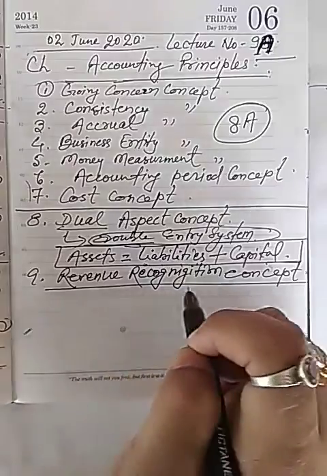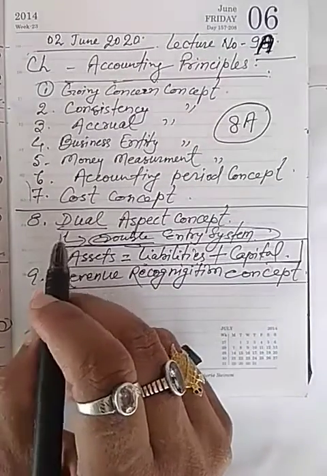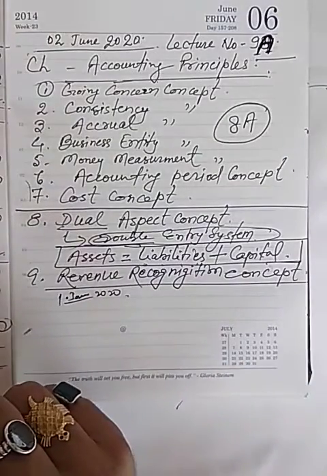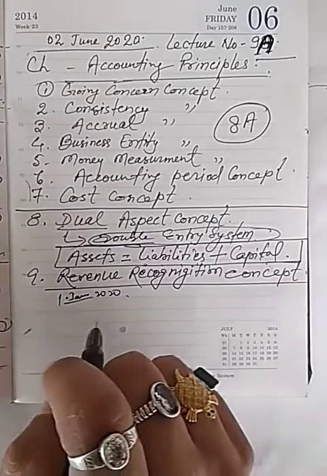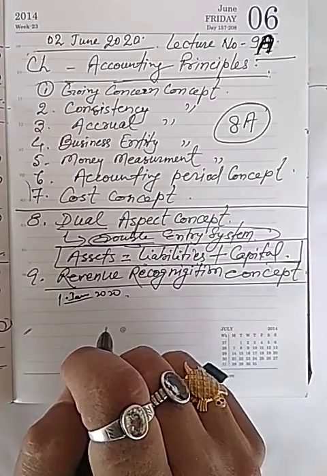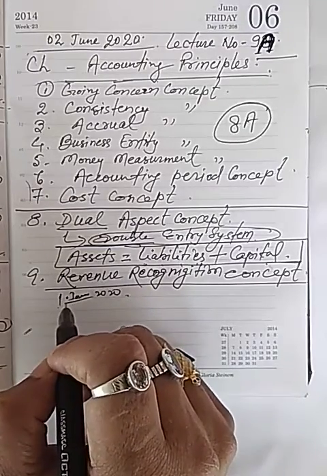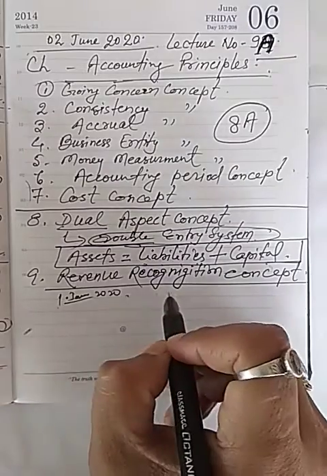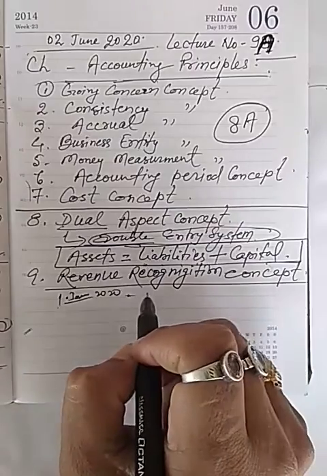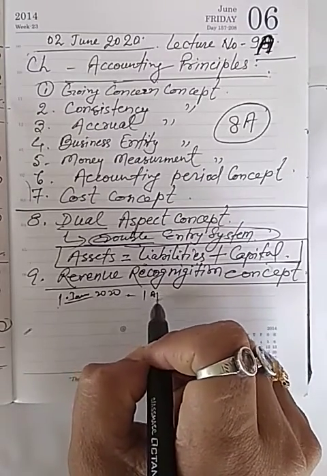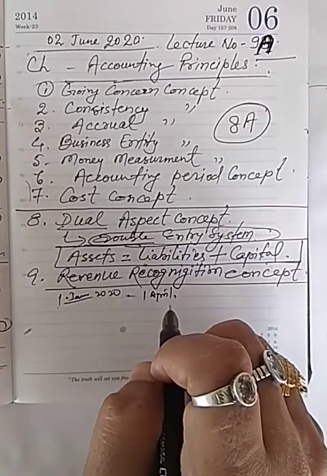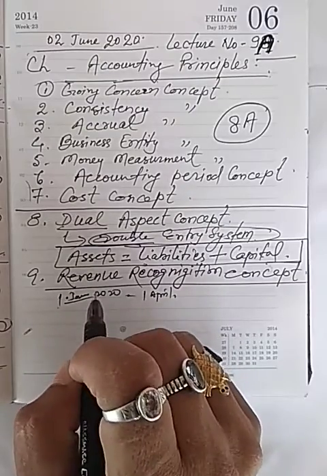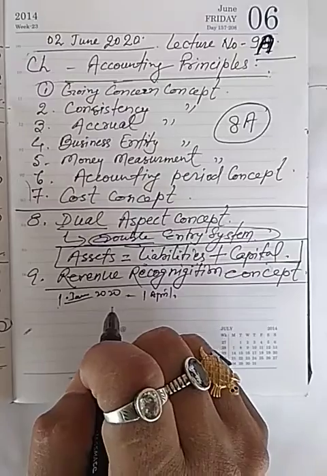For example, if a firm gets an order of goods on 1st January 2020, supplies the goods on 20th January only, and receives cash on 1st April, the revenue will be deemed to have been earned on 20th January, as the ownership of goods was transferred on that day.